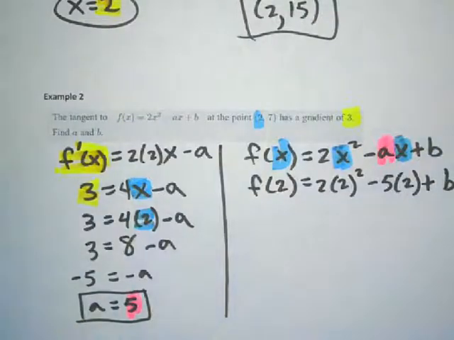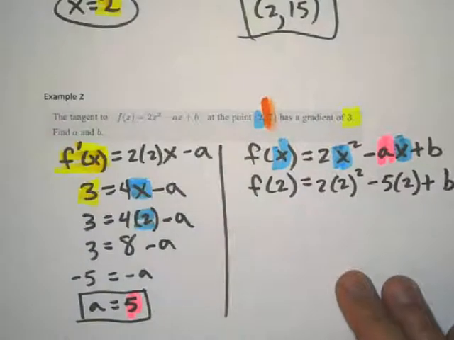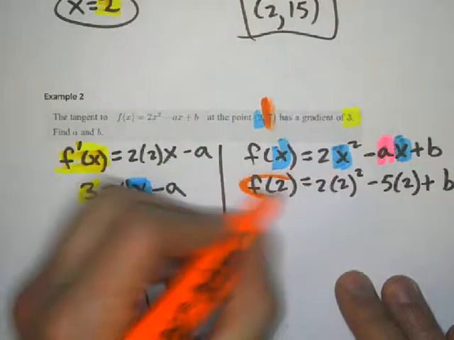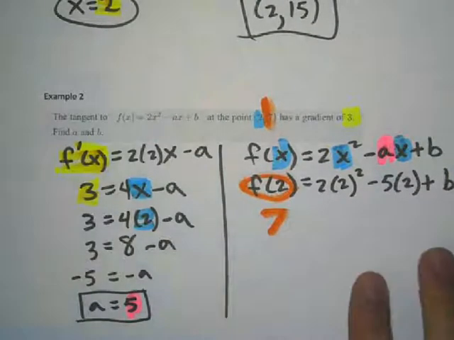One more thing to recognize: when x is 2 on the original function, we know that the y value is 7. So I'm going to replace this with 7. Now the only variable is b.